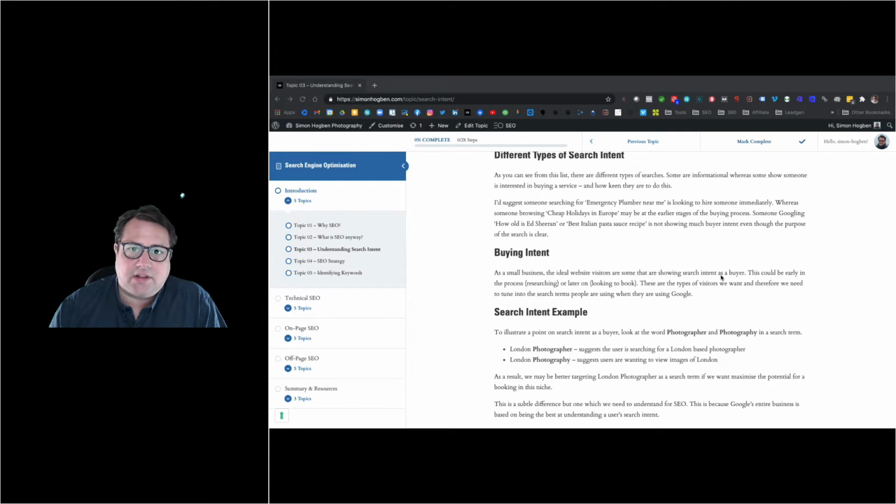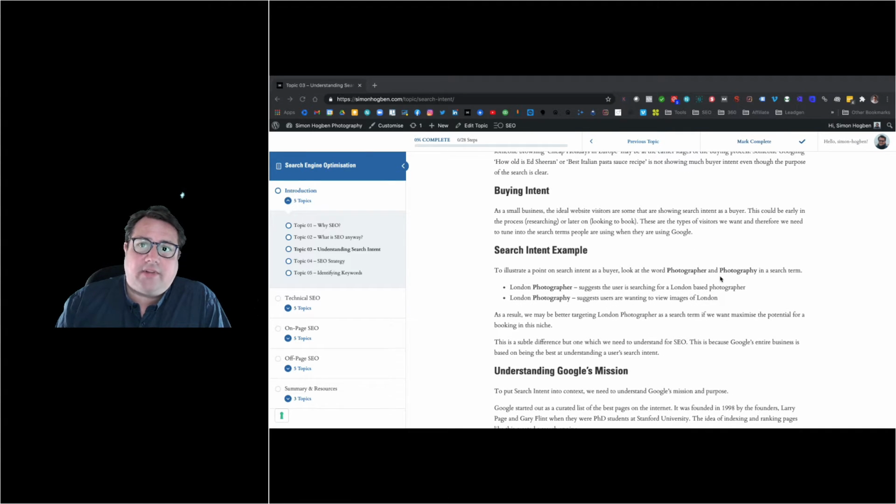So I would suggest that London photographer as a search, people are looking for a London-based photographer. Whereas somebody typing in London photography, I would suggest is people more interested in looking at photographs and images of London. So you really need to do your research and look up those terms yourself to see what results Google is returning and what's the search intent behind that.